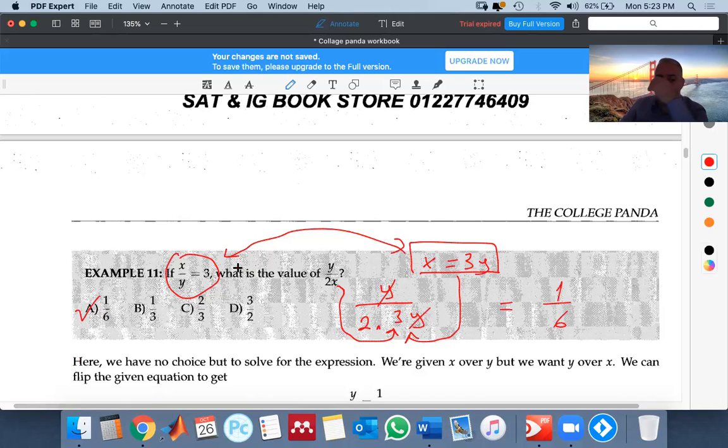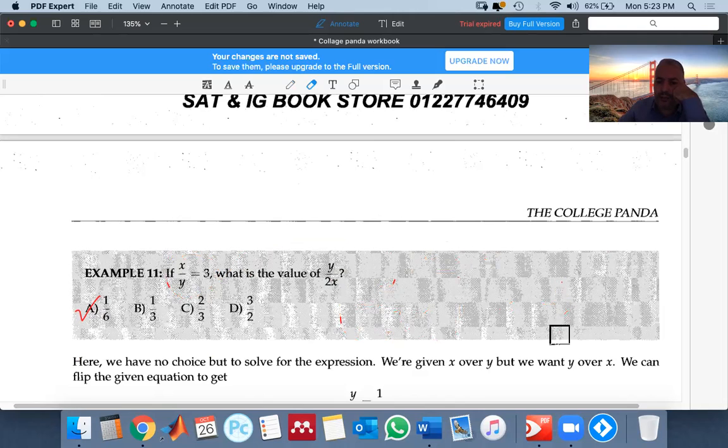Or what could it be? I will clean this if you understood. Do you have any question for this? No. The other way, maybe it's easier for you.